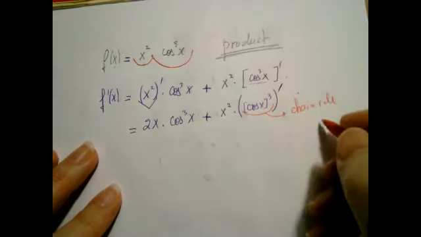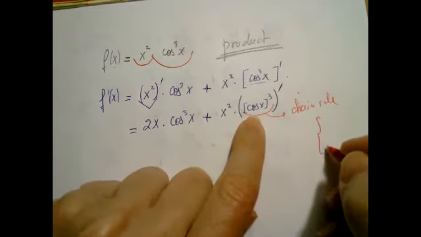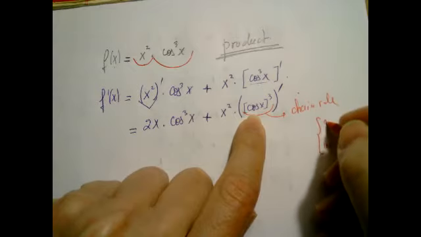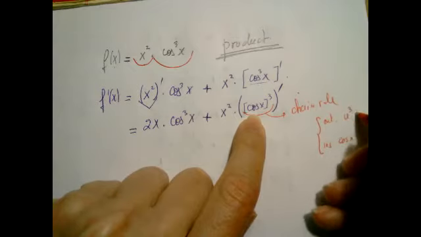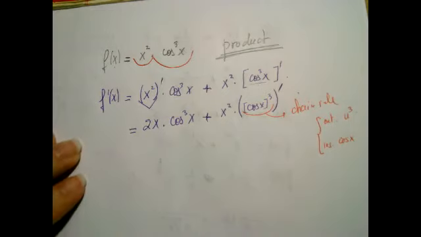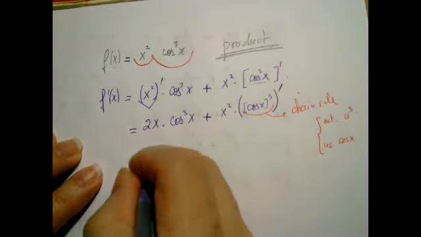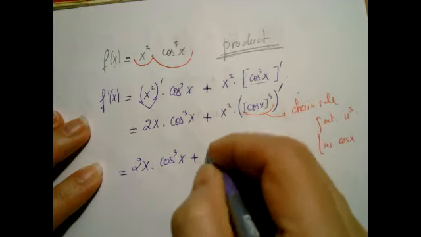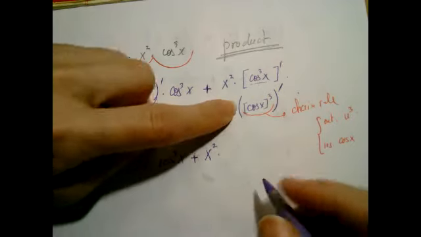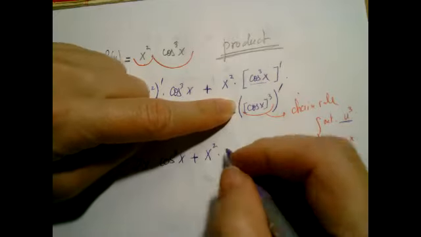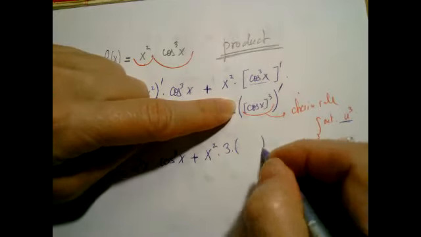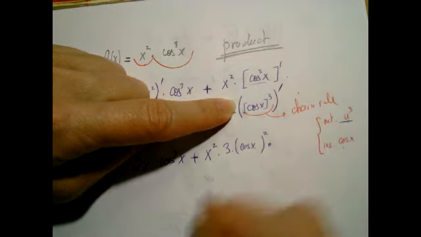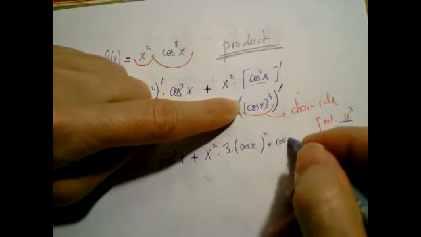The chain rule here tells me that the inside is the cosine and the outside is u to the power 3. So the rest now is not hard anymore. So that's it, 2x cosine cubed x, plus x squared times the derivative of the outside, which is 3 u squared, but instead of u, I put cosine x, times the derivative of the inside.